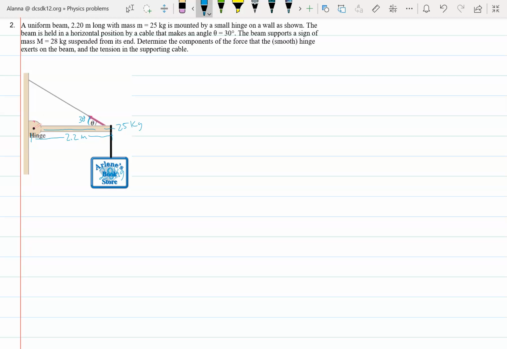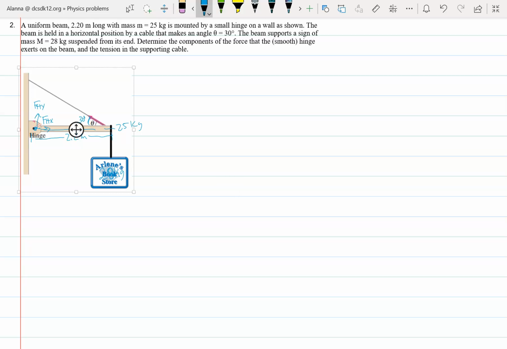So let's draw in some forces here. So first, let's draw in the forces from the hinge. So the hinge is going to exert a horizontal force on the beam, and I'm going to call that FHX. And then it'll also exert a vertical component on the beam, which I'm going to call FHY.